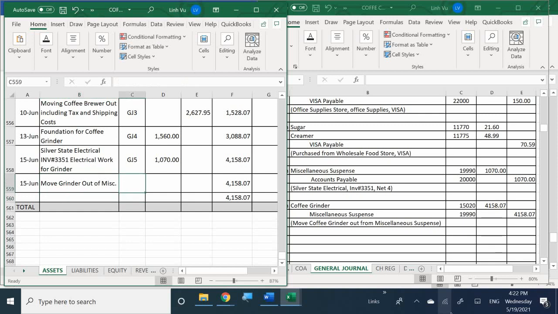Good. For what total amount? 4158.07. Bringing my account down to 0. Good.